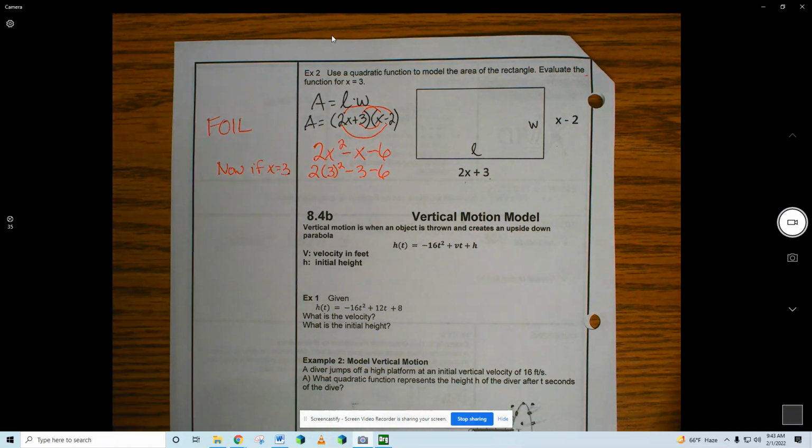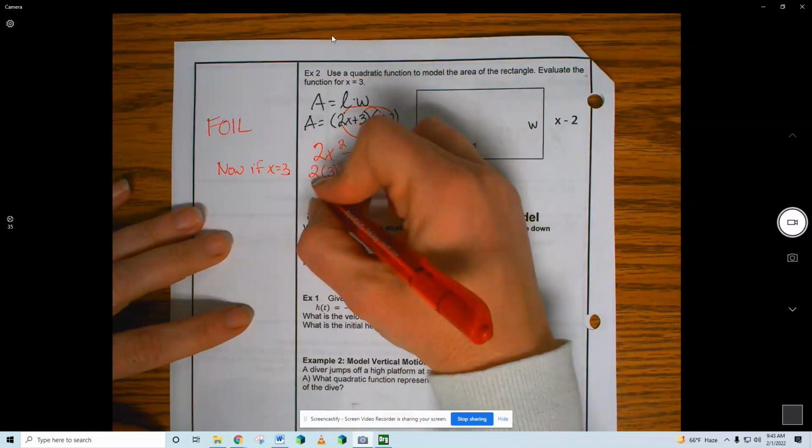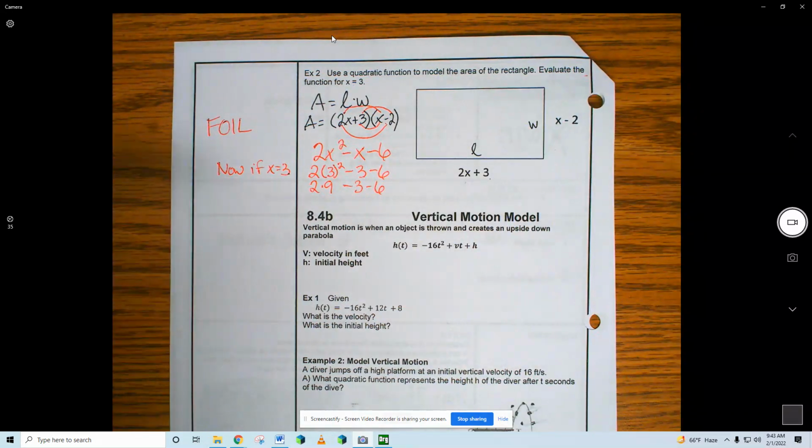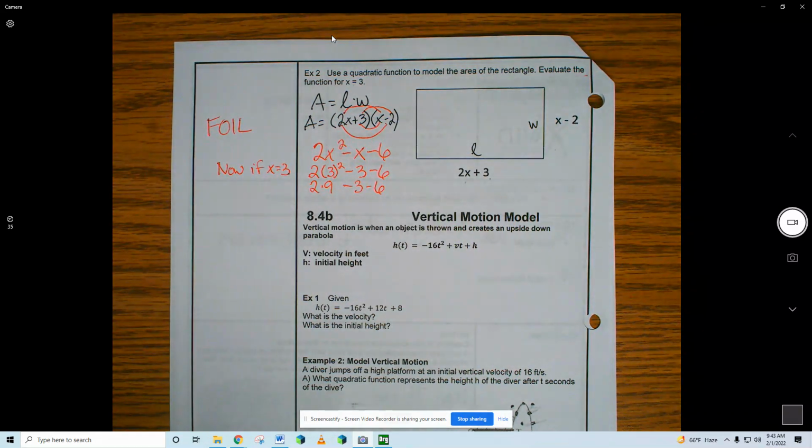All right, 3 squared is first. 3 squared is what? 3 squared is 9. And what'd you get? 18 minus 3 minus 6. What is it? 9.